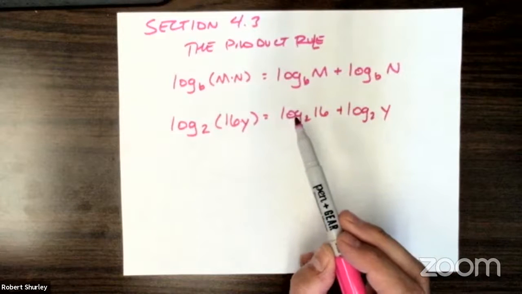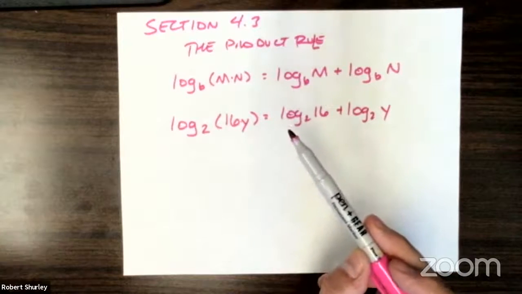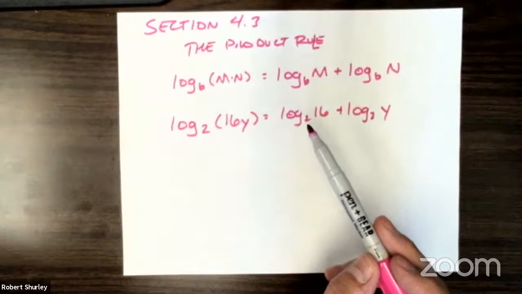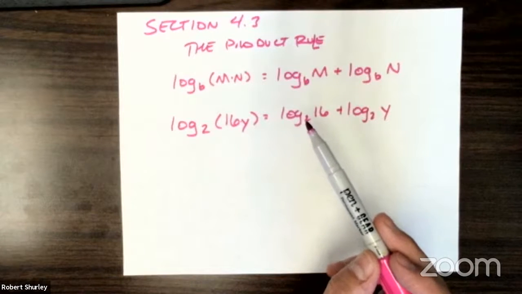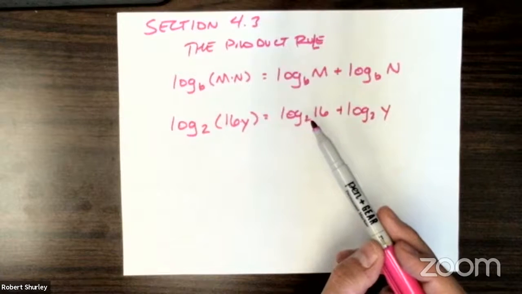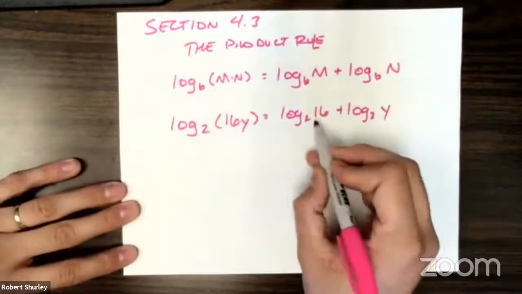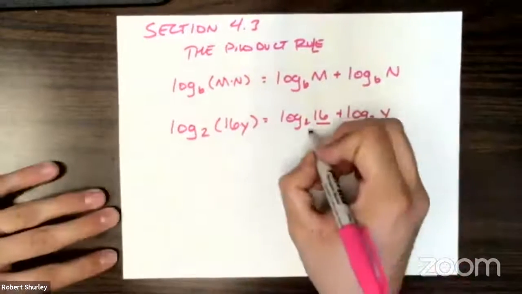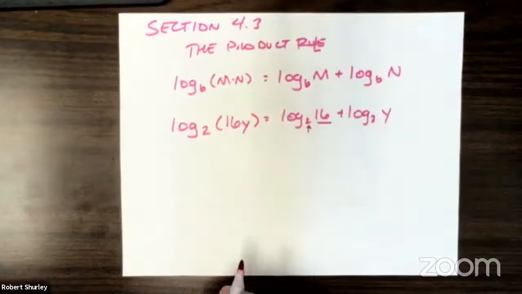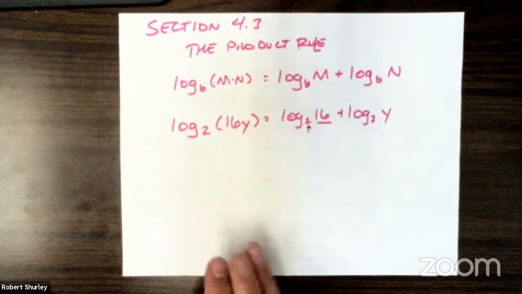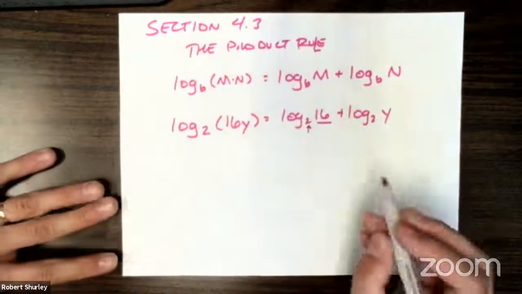If I look at this first logarithm, remember back from section 4.2, from Tuesday, that we can simplify this if we can get 16 into a base 2, which we can. 16 is 2 times 2, 4 times 2, 8 times 2, 16. So it's 2 to the 4th.